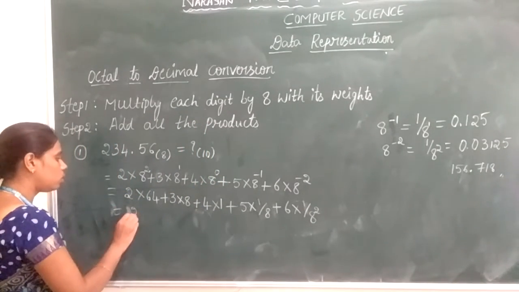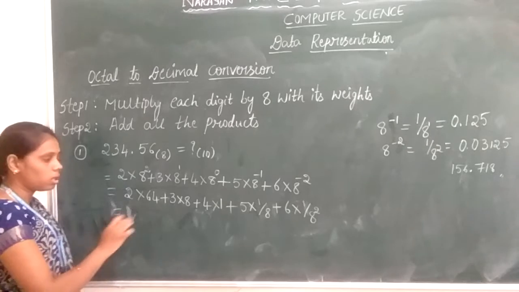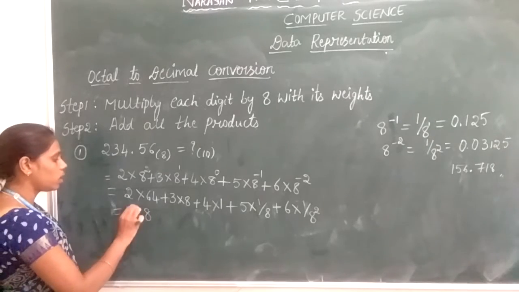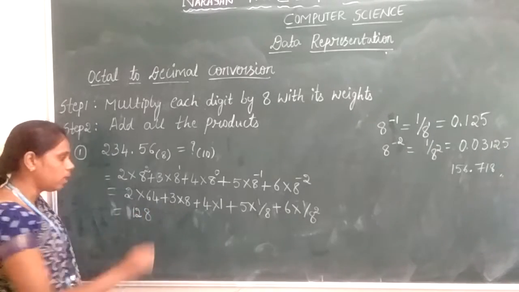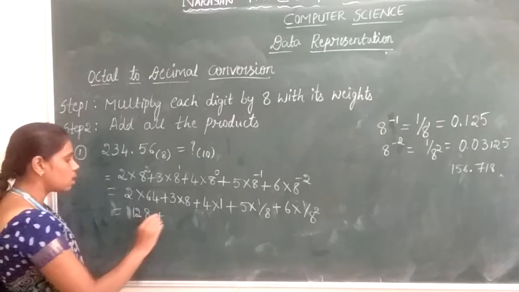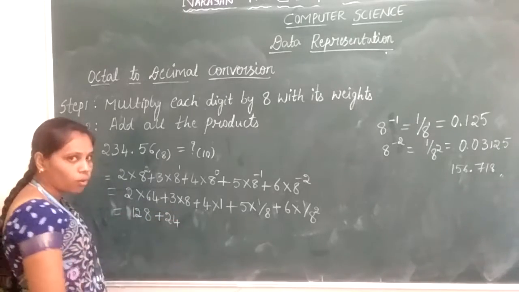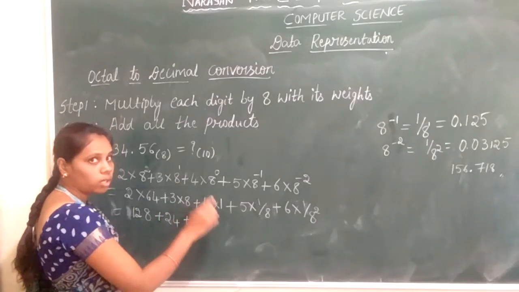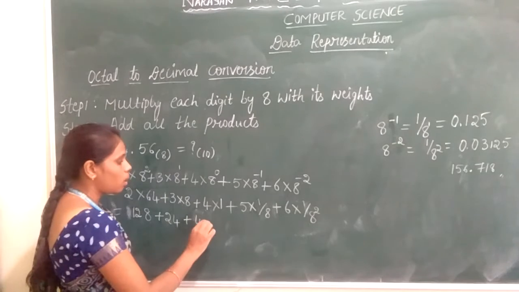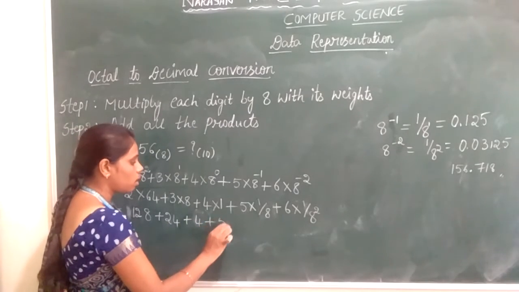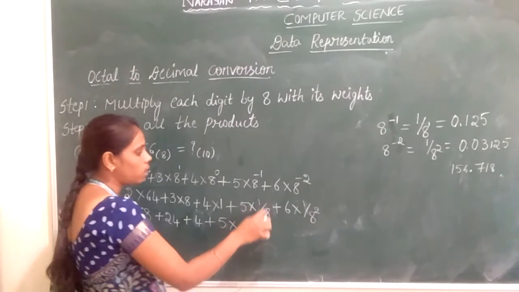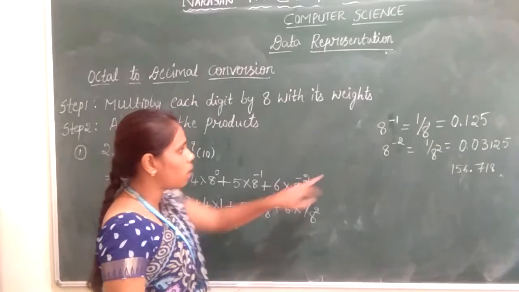Now 64 into 2, it will become 128, plus 8 3s are 24, plus 4 into 1 is 4, plus 5 into 1 by 8.